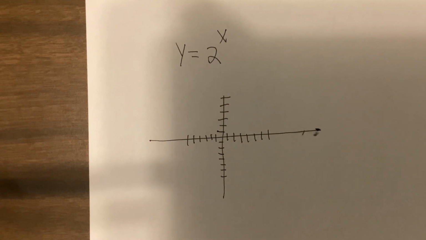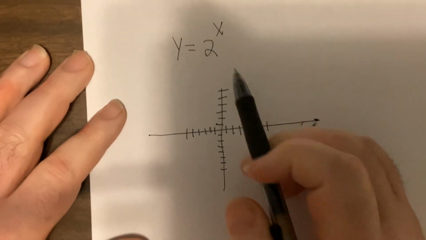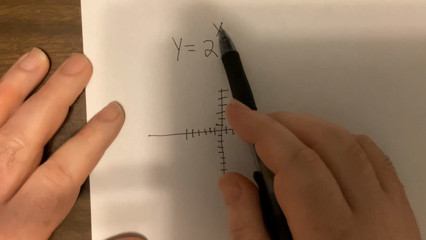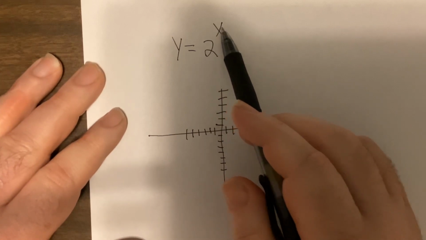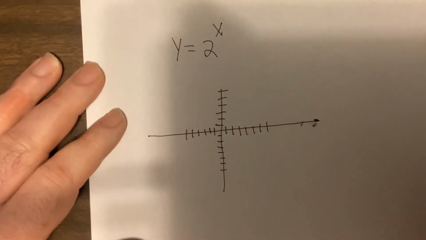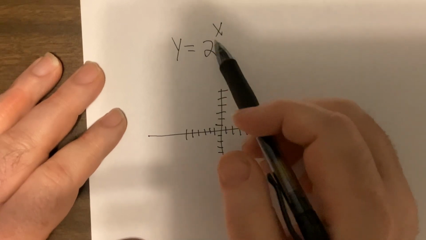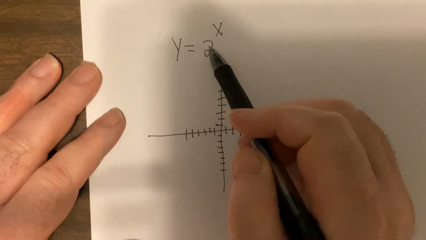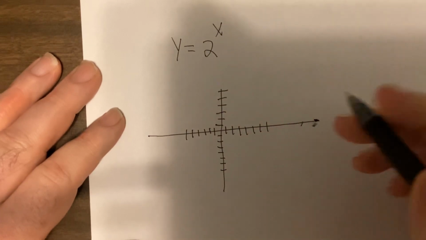Here's a couple videos. Notice this is an exponential graph because the power is the unknown. That's what's changing. To graph it, we're just going to plug and chug to get an idea what's going on. If I put in 0, 2 to the 0 power is 1.